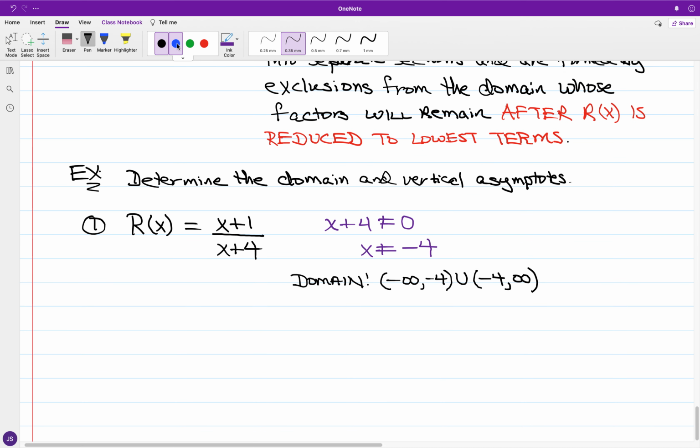Now, concerning the vertical asymptote or asymptotes, r of x is already in reduced form. So that means that the denominator factor x plus 4 remains.